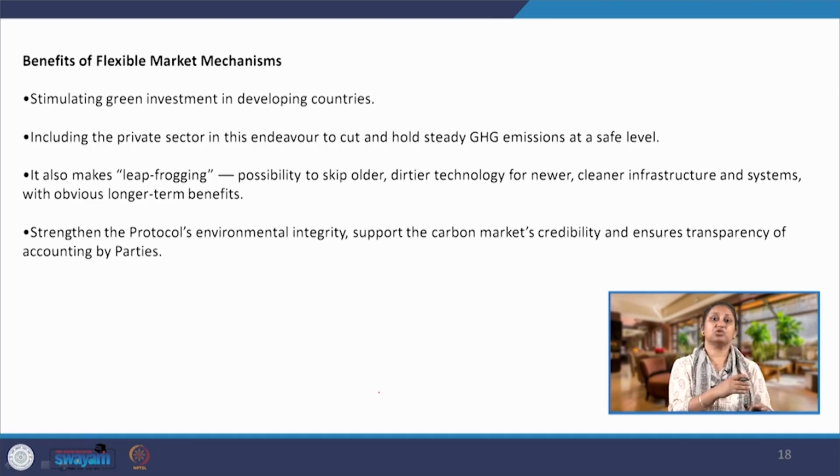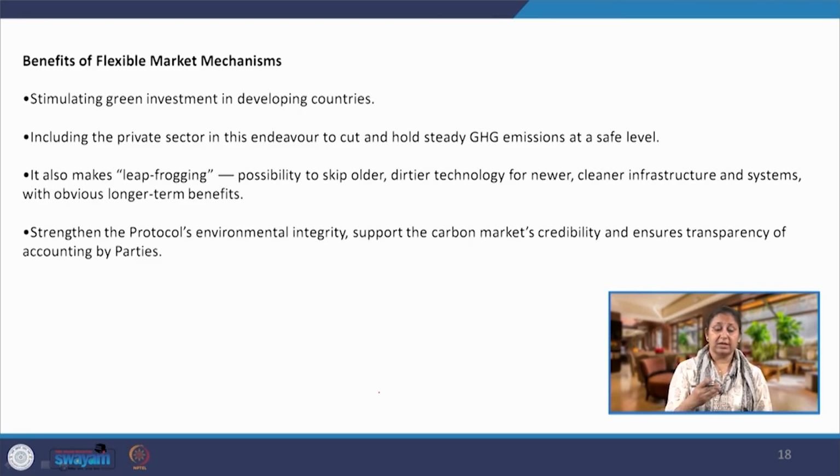They cannot change the complete machinery of their industrialized units, or change the entire energy production system in their country. So, what it can do is allow investment into emission reduction programs, green investment. This has been a very good benefit of this flexible market mechanism.